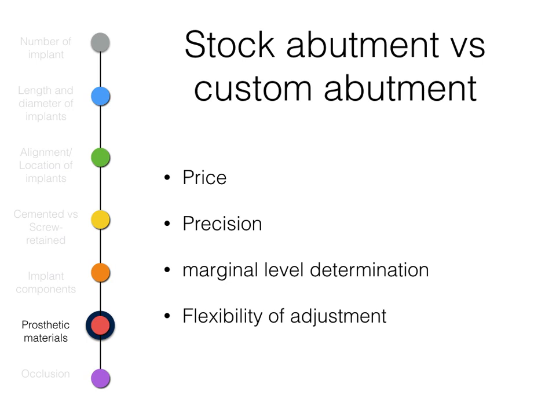However, if you need to make some modification related to the implant location or implant angulation, the stock abutment may not be able to provide you that flexibility. So sometimes you still need to use the custom abutment, especially in the upper anterior area, which is considered an aesthetically demanding area.